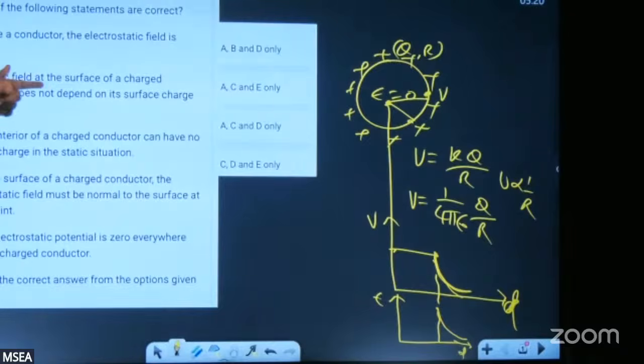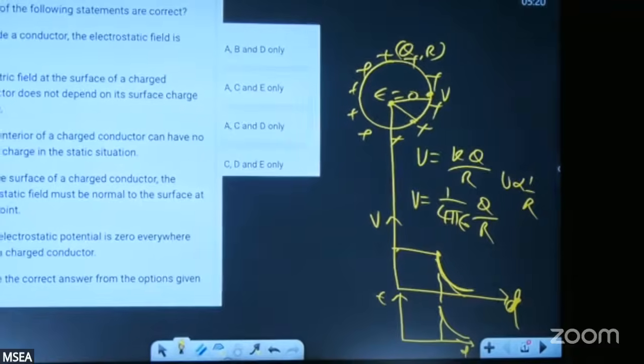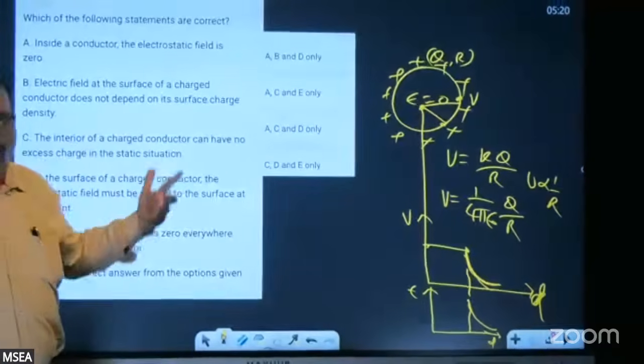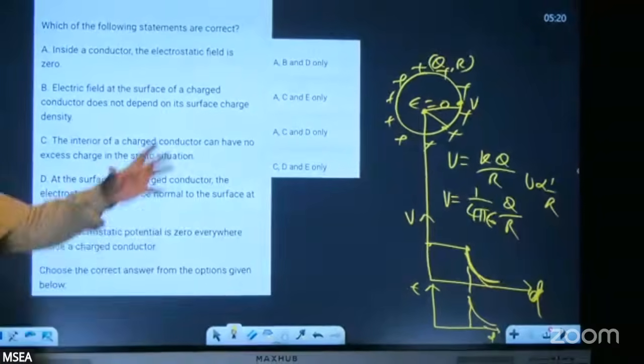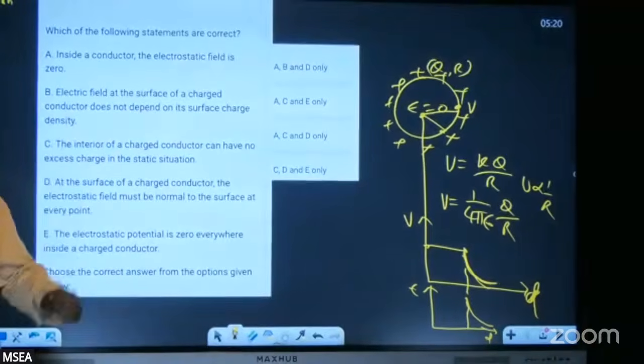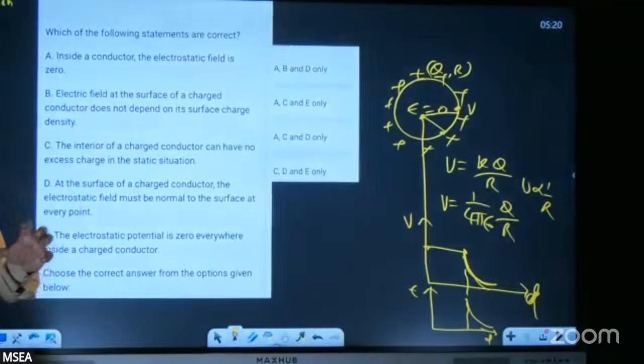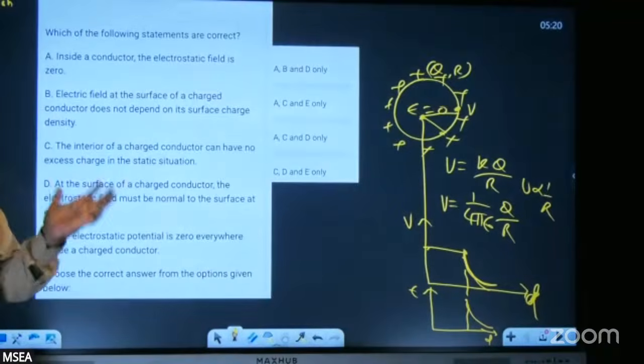So based on this, you have to remember that electric field intensity inside a charged conductor is zero. We can say the same for a spherical shell also. Even for a solid conducting sphere, the charge resides on the surface.